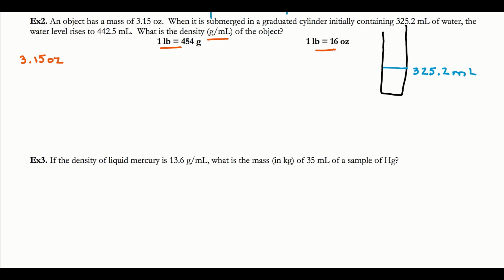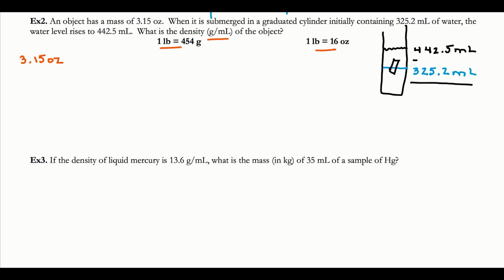Instead, what it's saying is, hey, if I take this object and I drop it into water, then that will cause the water level to rise to 442.5. So without the object, it was 325.2. Now it's 442.5. So what I can do is take the difference between those two volumes, right, and that'll tell me the actual volume of the object.